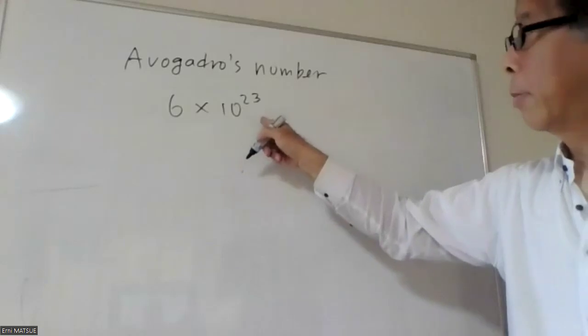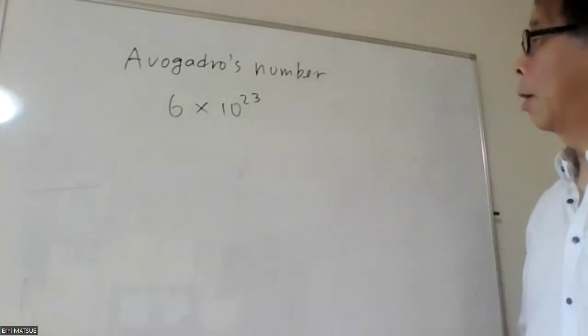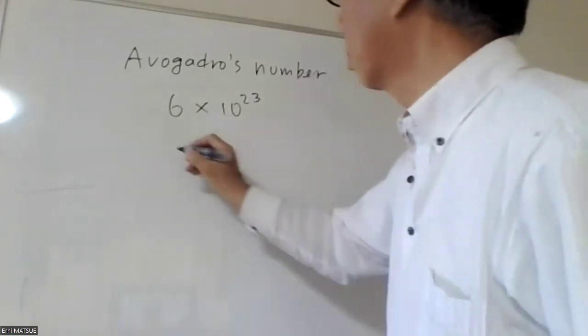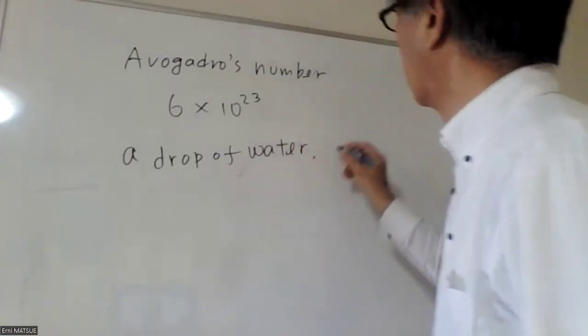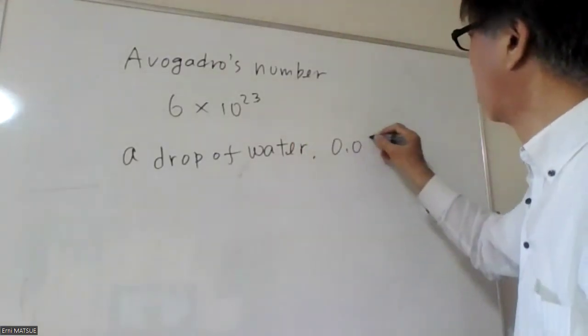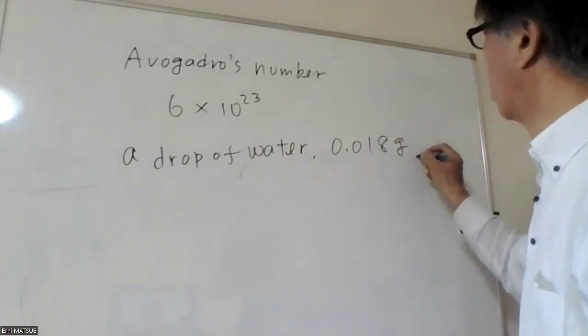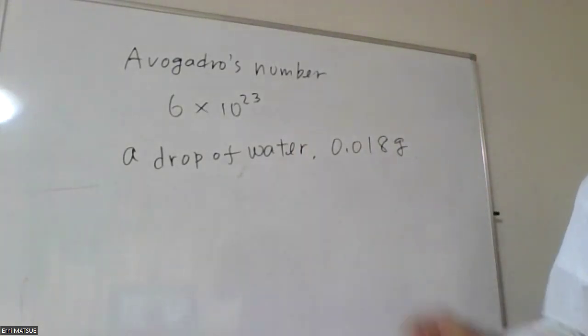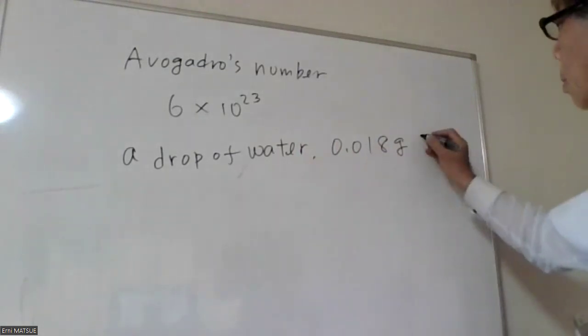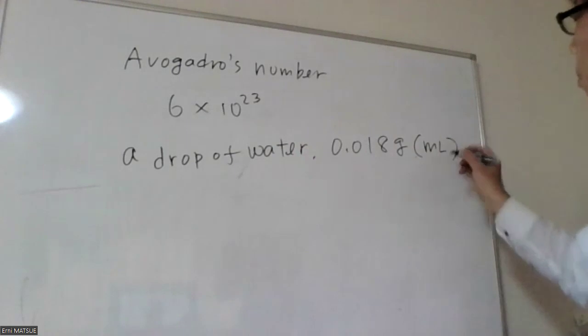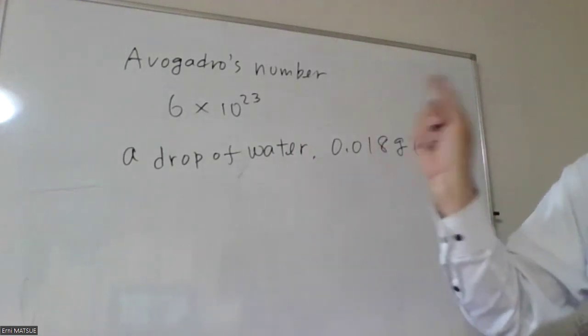Very large number. For example, a small drop of water.